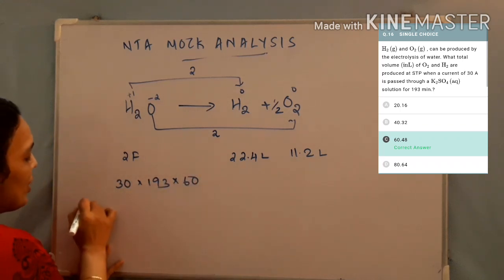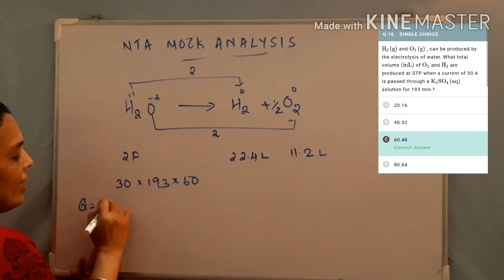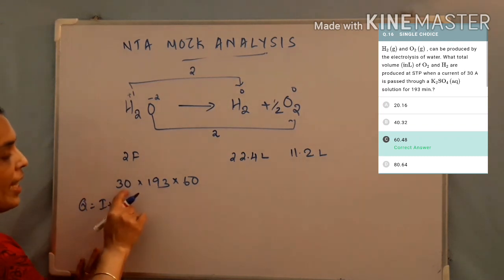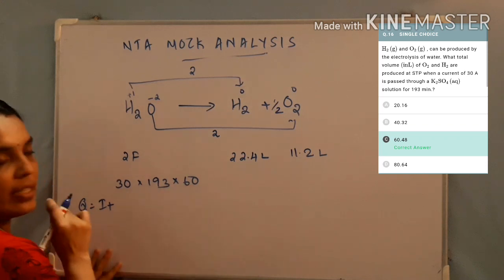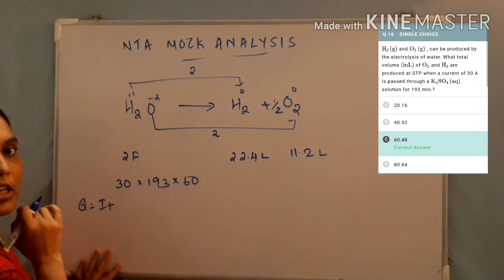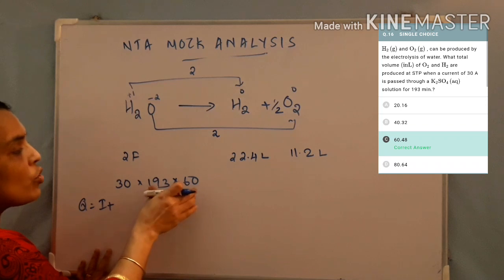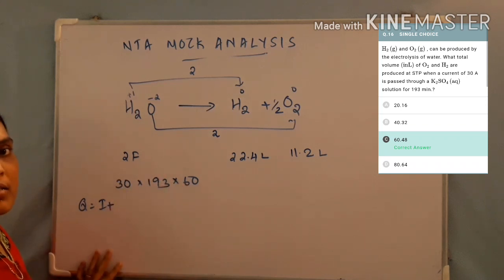Q is equal to I into T, that is 30 ampere into 193 minutes into 60, converted into seconds. This much coulomb charge we pass.